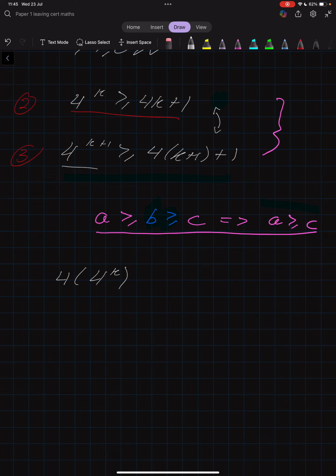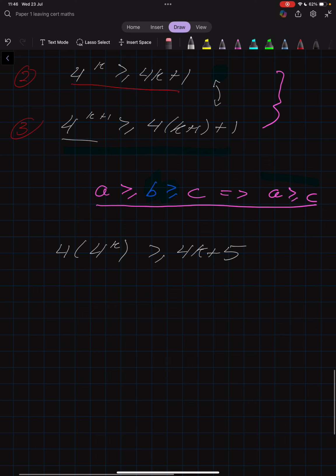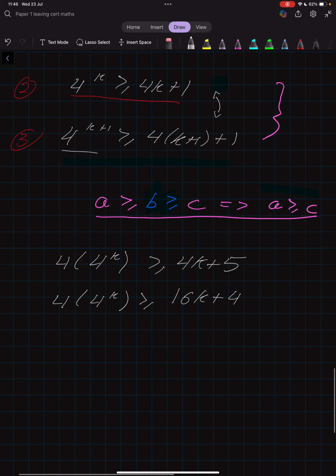Okay. And from the top one, I can say, well, hold on. So this is greater than or equal. I want to show that this is greater than 4k plus 5. But from the top one, if I multiply both sides by 4, I get that it's greater than or equal to 16k plus 4. So again, I just multiplied this top one by 4 to get this.